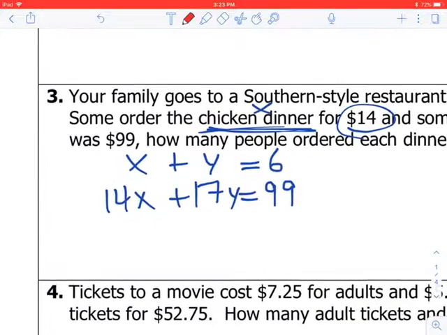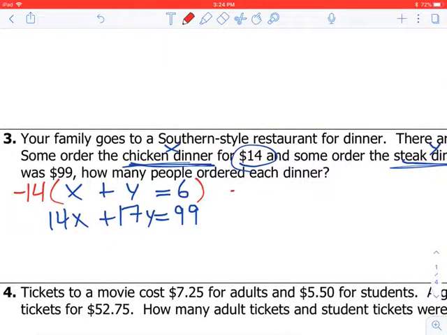Okay, so when we're looking at that, we have x and y. So I need to multiply this by something to make them cancel. So I could do 14, but 14 plus 14 is not going to cancel. So I need to do negative 14.